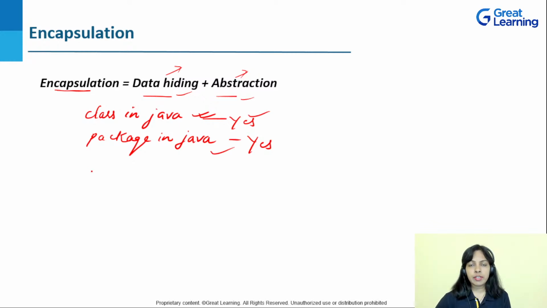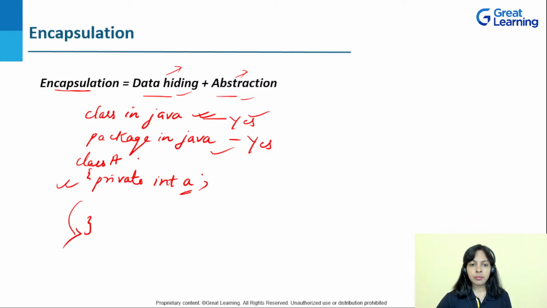And how can you achieve that? When you define the variables to be private. Suppose inside class A there is a private variable of type int a. This variable a cannot be accessed from outside this class. This is an example of data hiding.